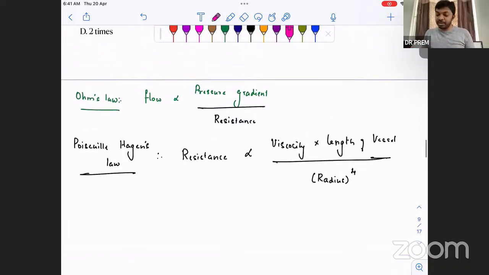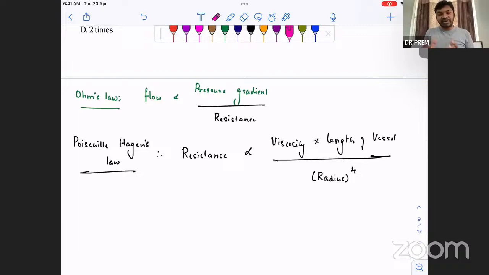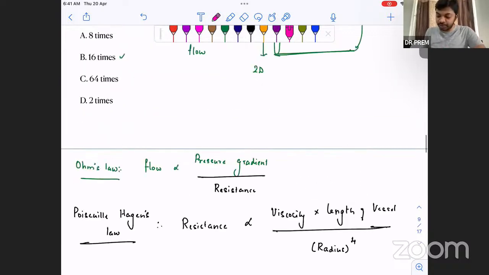When it comes to diameter, the word diameter or the word radius, they mean one and the same, and they are talking about the luminal caliber, that is all.